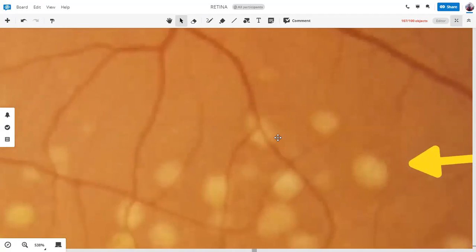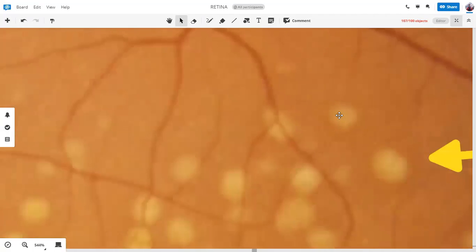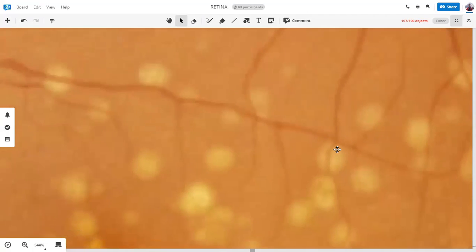Similarly, this spot over here. Is it in front of the vessel or behind the vessel? Behind. This spot over here, is it in front of the vessel or behind the vessel? Behind the vessel. Okay.